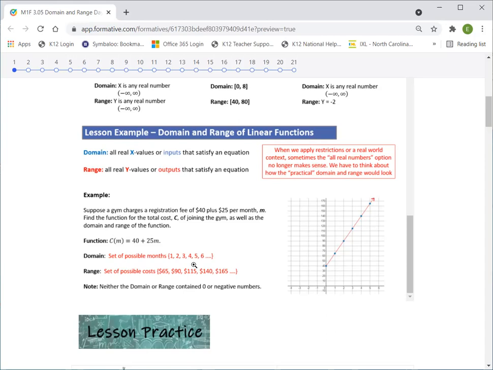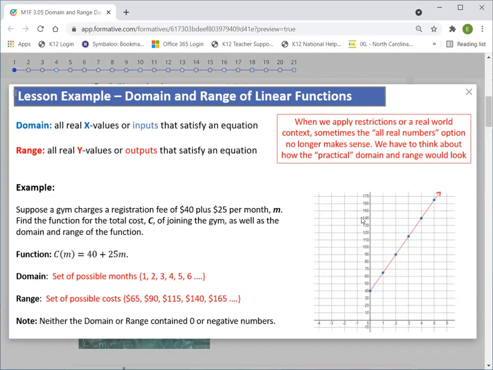And you're not going to be able to pay in half a month, typically. Which on the graph, it shouldn't actually have this line. They should just be the dots, because you only want those specific points. And then to find your outcomes, you would have to plug that into your equation.